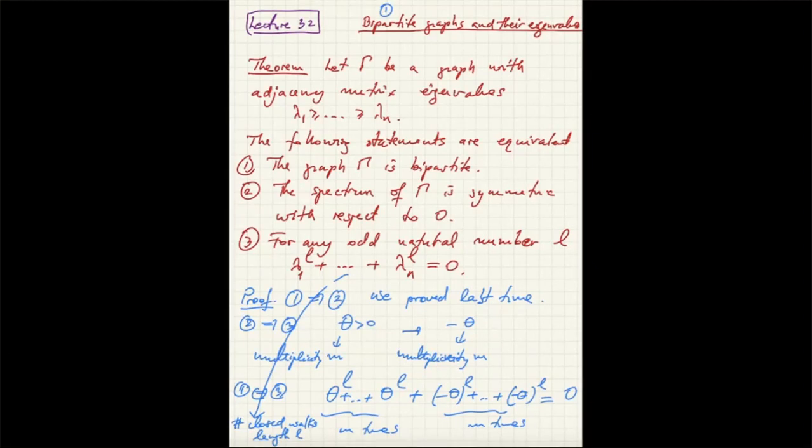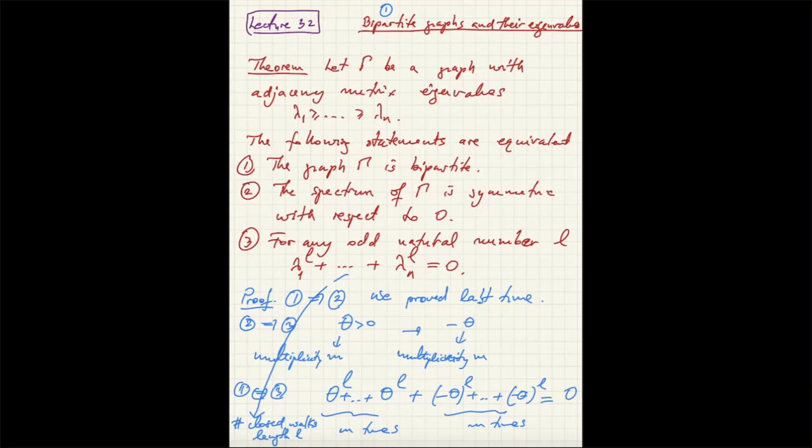So that implies that this number of closed walks is 0, and that implies the equation in part 3. And similarly, if we assume part 3 is true, then that means that for any odd natural number L, the graph does not contain any closed walks of length L, and therefore the graph is bipartite.